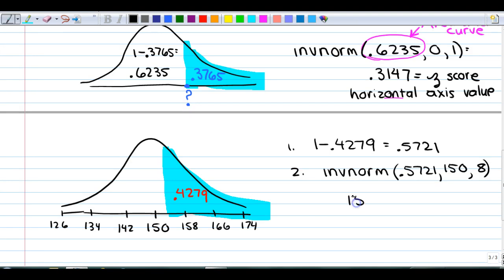It tells me that value is 151.4538 if I rounded to the 4th decimal place.